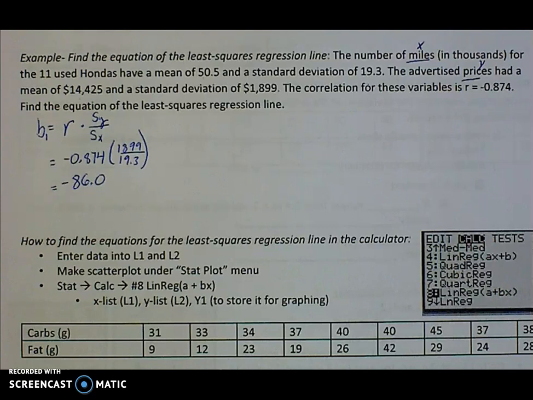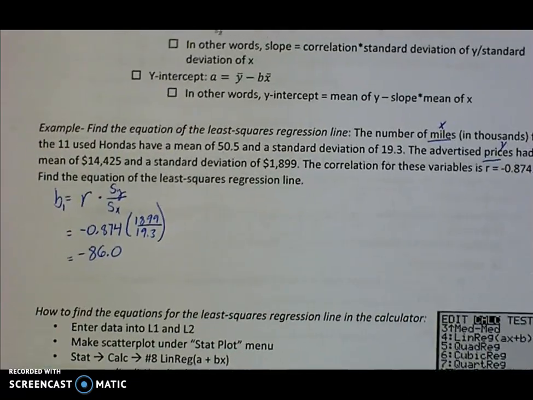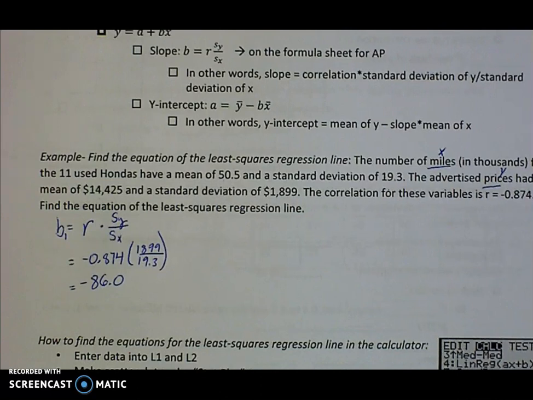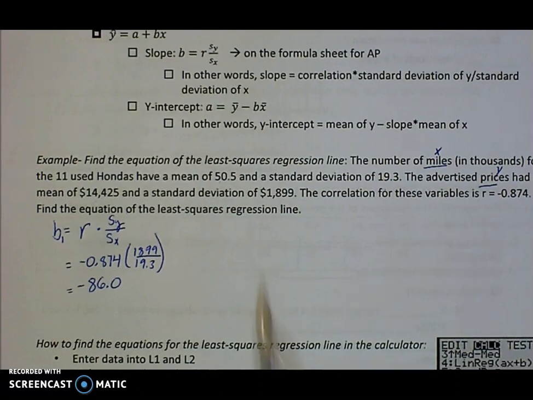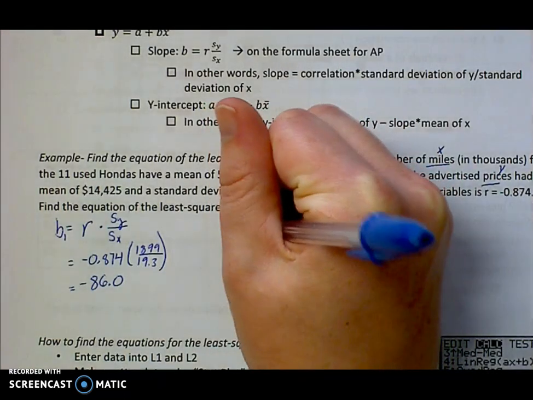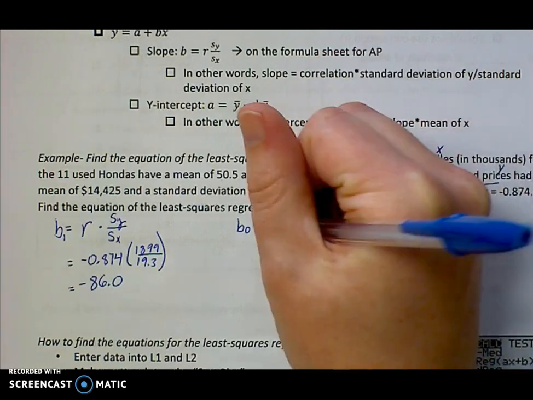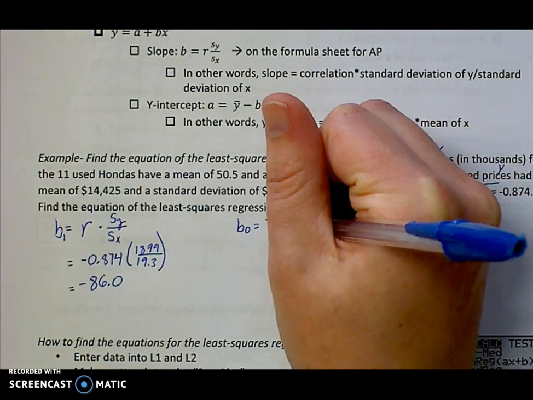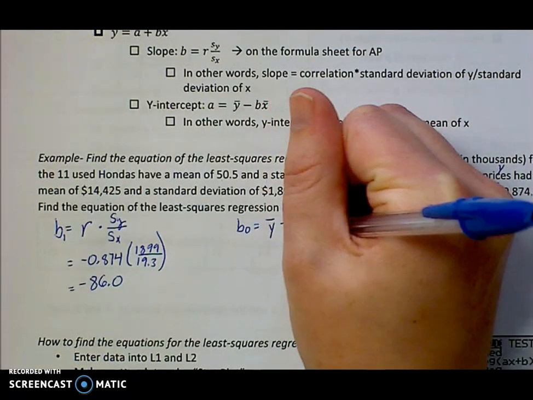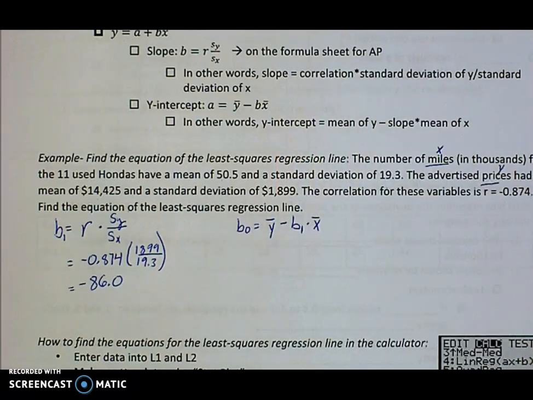Now, I need to use that number to calculate my y-intercept. Here's how I find my y-intercept. So I can call it b sub 0, or I could call it a. Either one will work. So I take the mean of my y's minus my slope times the mean of my x's.